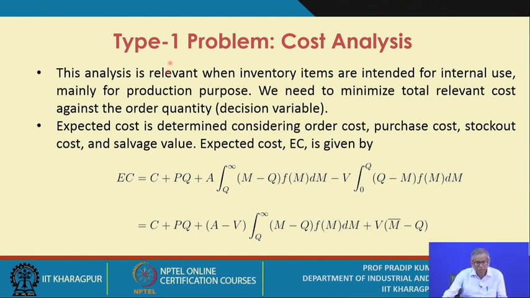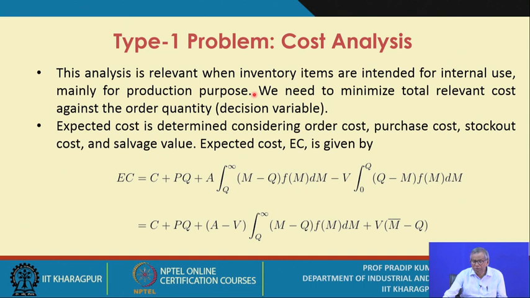The cost analysis is relevant when inventory items are intended for internal use, mainly for production purpose. As we have been mentioning all the time, the kinds of activities which you carry out within the production systems, within the manufacturing systems, all these activities are having a bearing on the cost. So, those are basically the cost related activities.